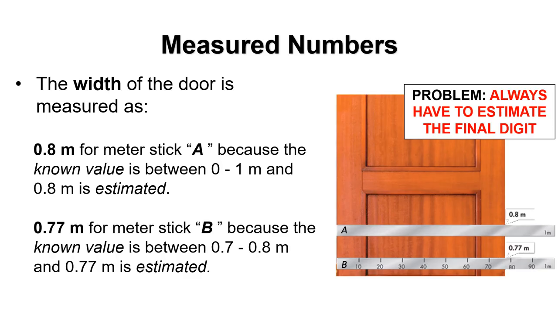We will never say that. One is 0.8 and the other one is 0.77. And mind you, when you round off the 0.77 to 1 decimal place, it gets you back to 0.8.